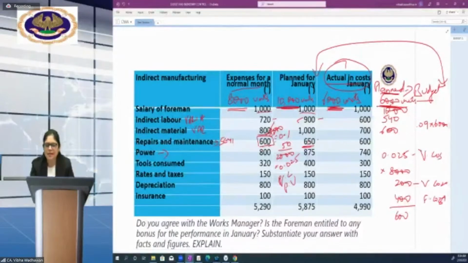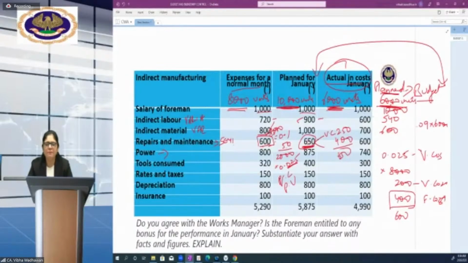Let's do a similar exercise for 650. 0.025 into 10,000 is 250, so the variable cost is 250. Fixed cost will remain the same, and you see the cost comes to 650.